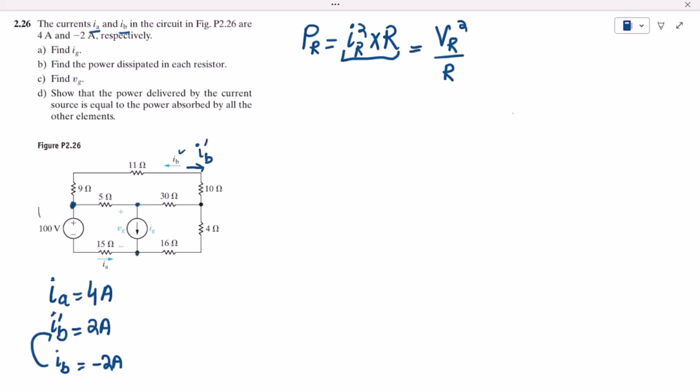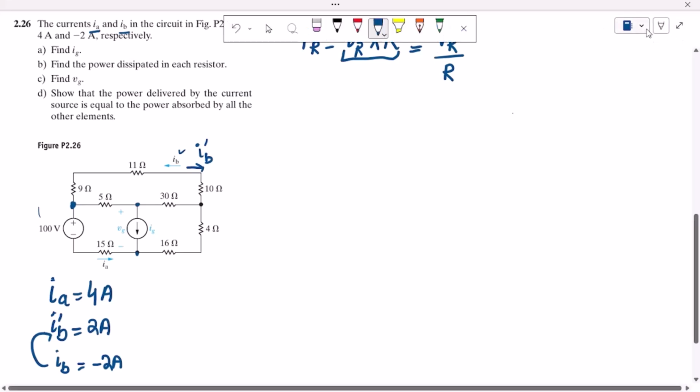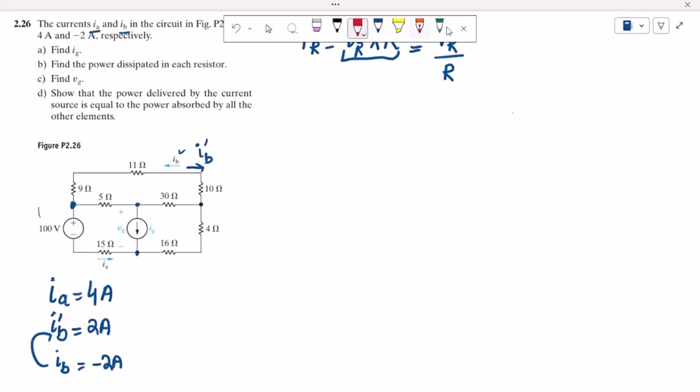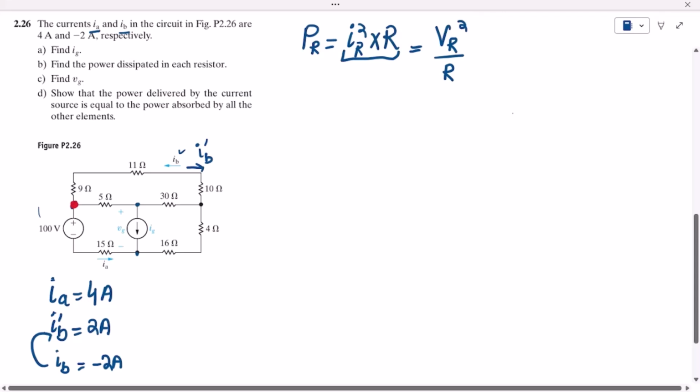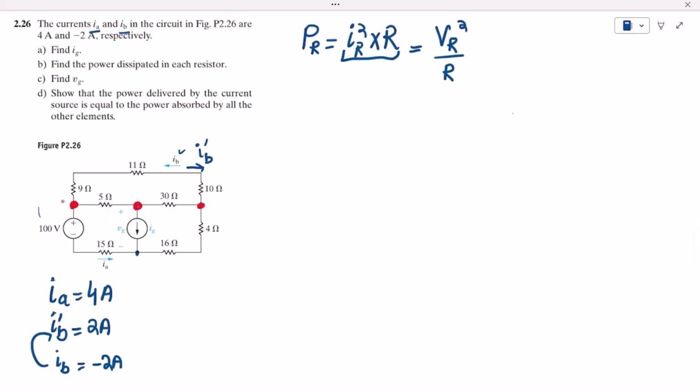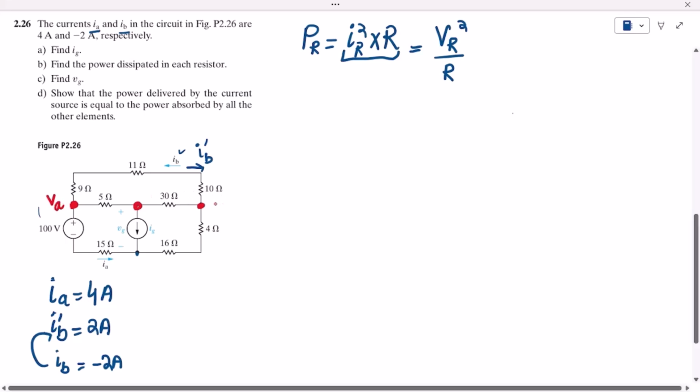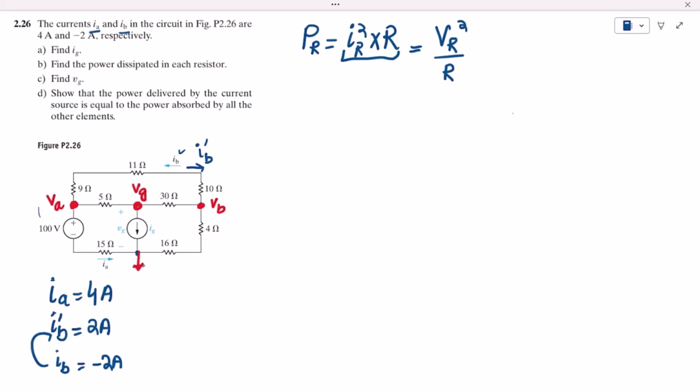Let me first see what the things are which are given. First of all, let me point out some voltages and currents here. Let me take this point, this point, this point. Let me call this VA, this one VB, and this one VG, which is already given. It will be the ground.